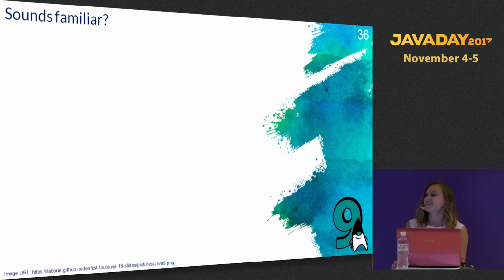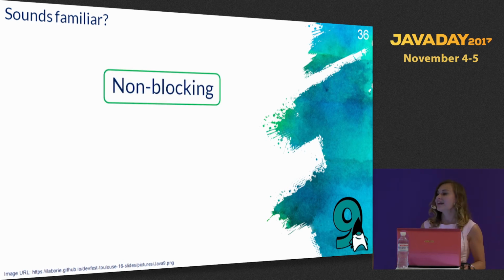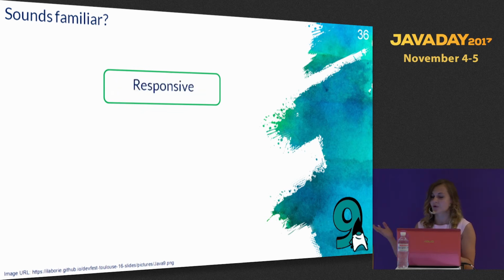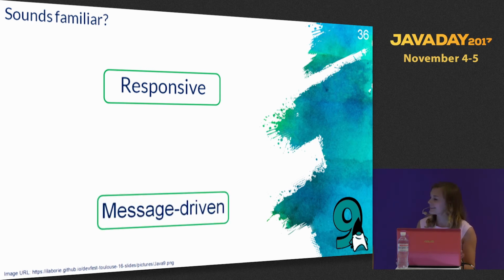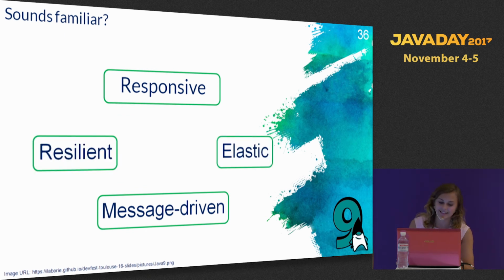Finally, I see. But we say it brings a non-blocking approach to Java, yeah? Can we say that non-blocking is somehow related to responsive? Somehow related, yeah? And maybe you can guess any other components I'm trying to show you here, like message-driven, and then elastic, and resilient.